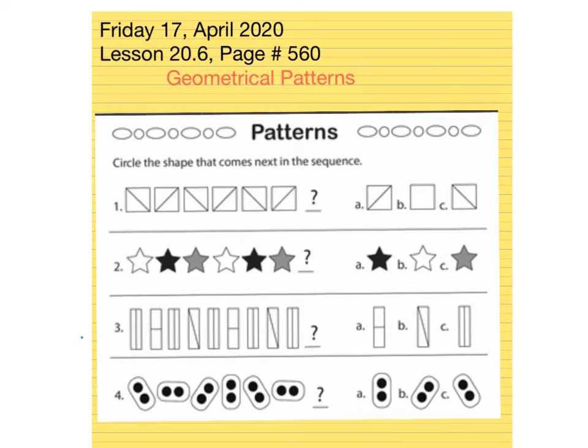So if you want to do that, you obviously need to understand the pattern to answer the next section of the sequence. Okay, so if you look at the pattern, it goes like this. Here we have a diagonal that goes to the right, and then we have a diagonal that goes to the left, to the right, to the left, to the right, to the left.